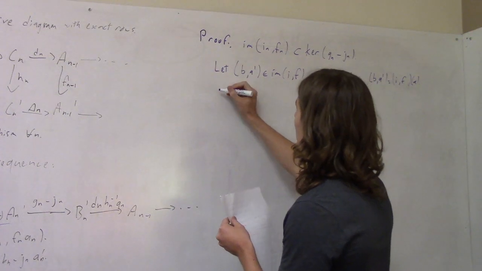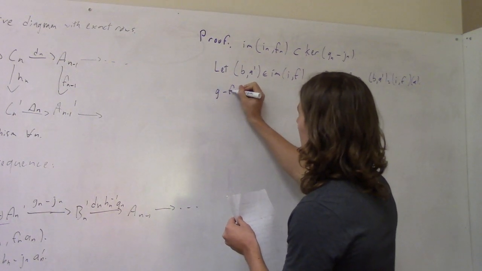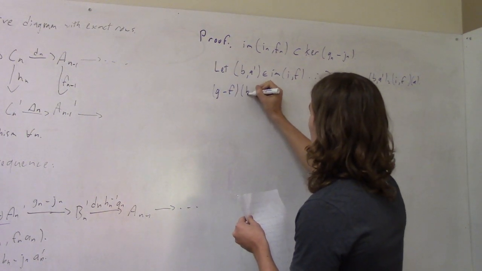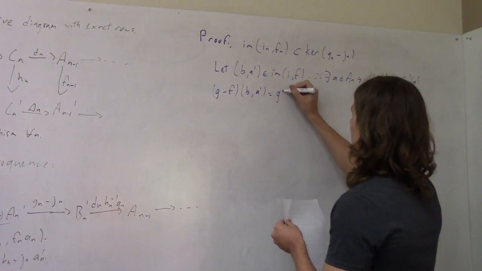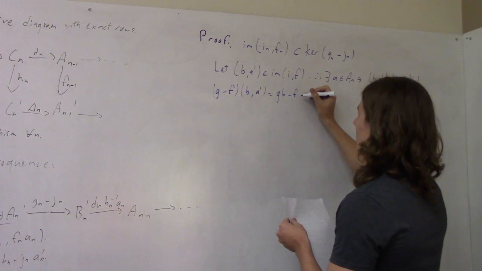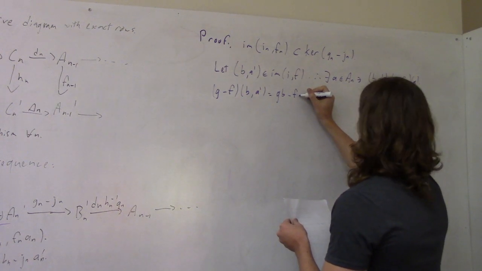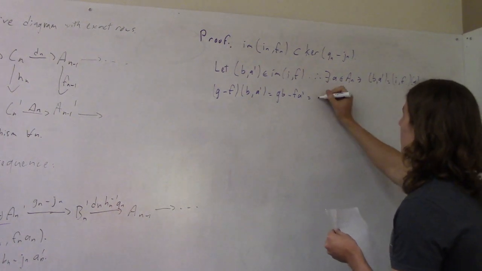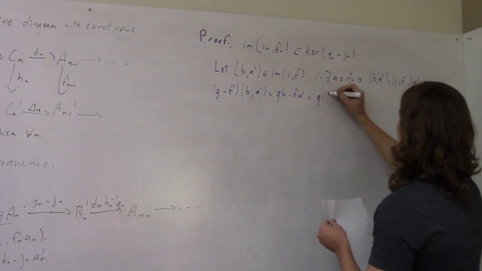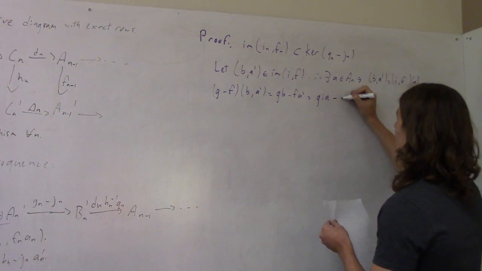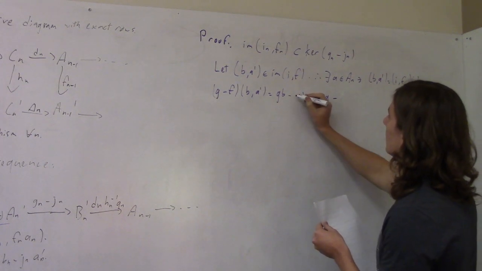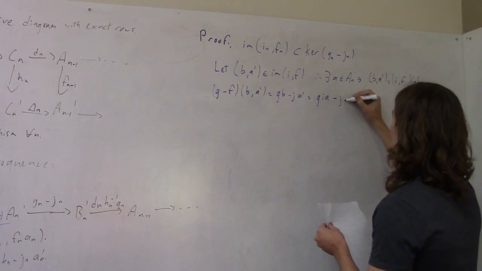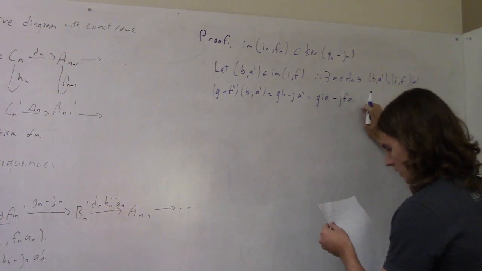So what is G minus J F of B prime? It's going to be equal to GB prime minus JF A, which is equal to GIA minus JFA.